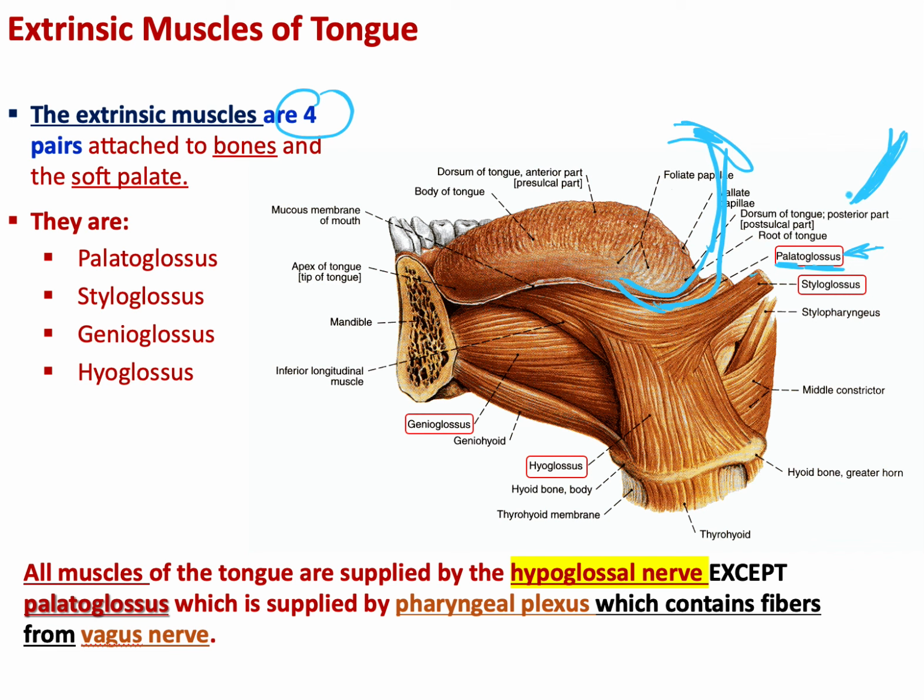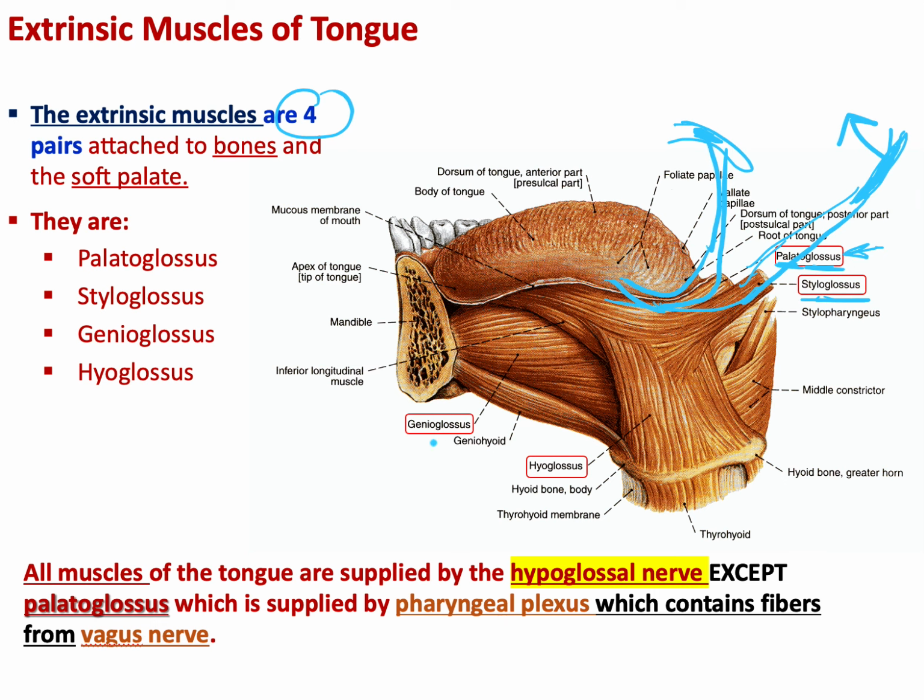From it there is a muscle here known as stylo, because this is the styloid process. So there is a styloglossus. Always you will see glossus: palatoglossus, styloglossus, genioglossus, hyoglossus, right? Glossus means something related to the tongue. So again, this is the styloglossus muscle.